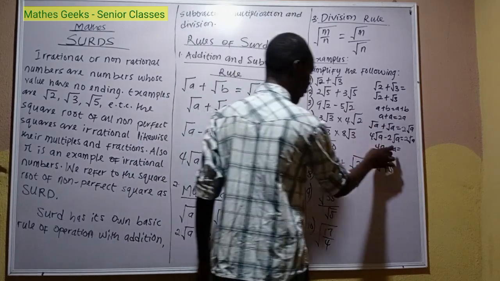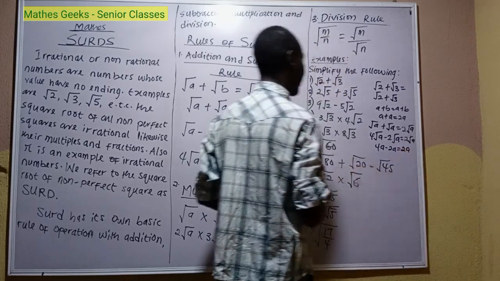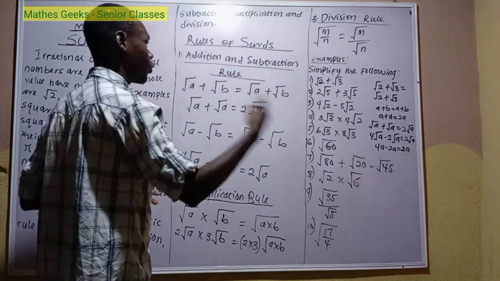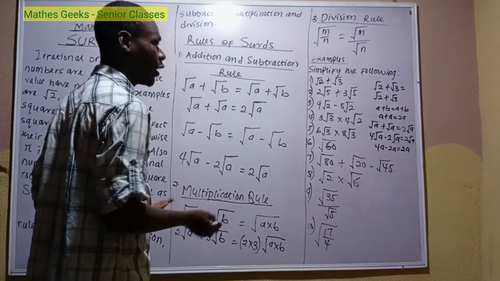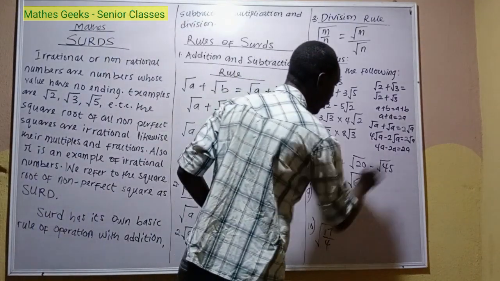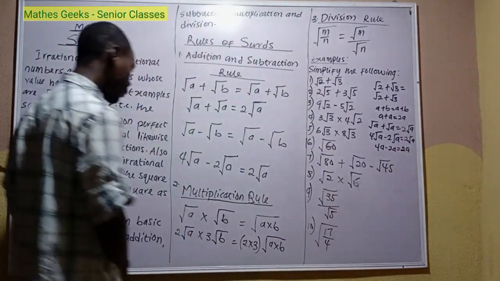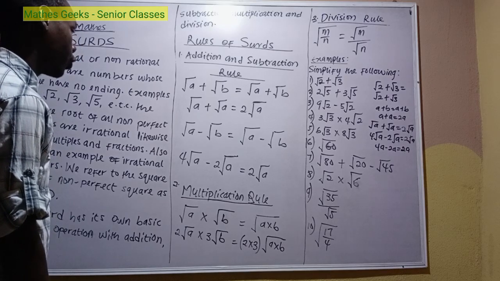You do 4 minus 2, which gives us 2a. Just like saying if I have 4 apples and I give someone 2 apples, what would be left? I would have 2 apples left, which is why we still have 2a there. So that's the addition and subtraction rule.